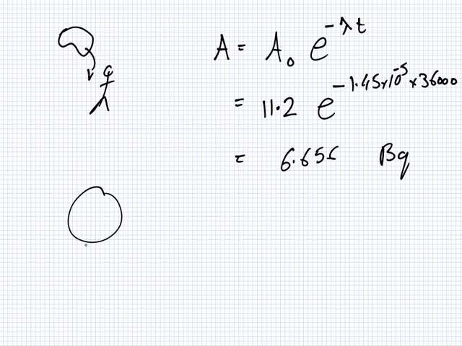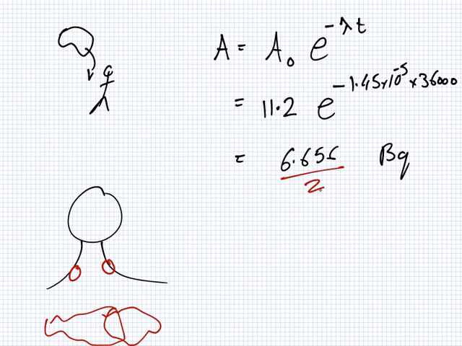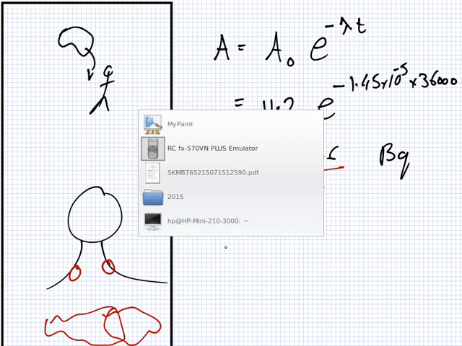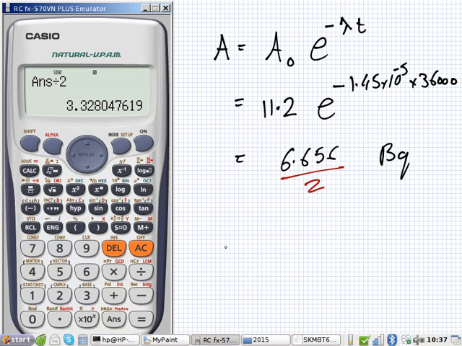However, here's the person's neck. The iodine is in their body, but only half of it is actually in the part that we're interested in. So we literally just have to divide this by 2, because it's like we throw half of it away. We don't care about the part outside the thyroid. So if I just take this answer and divide it by 2, I get 3.33.